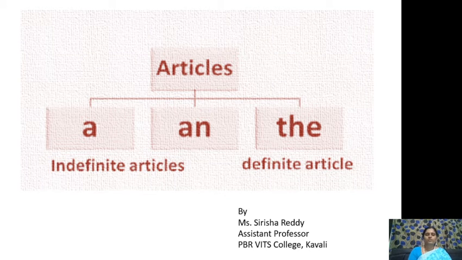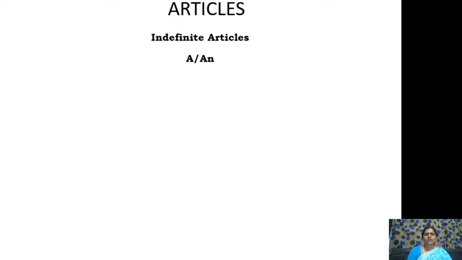So coming to the rules of their usage, let us start with the indefinite articles, a or an. When to use a and when to use an depends on the initial sound of that particular word. If a singular countable noun starts with a consonant sound, then we use the article a.